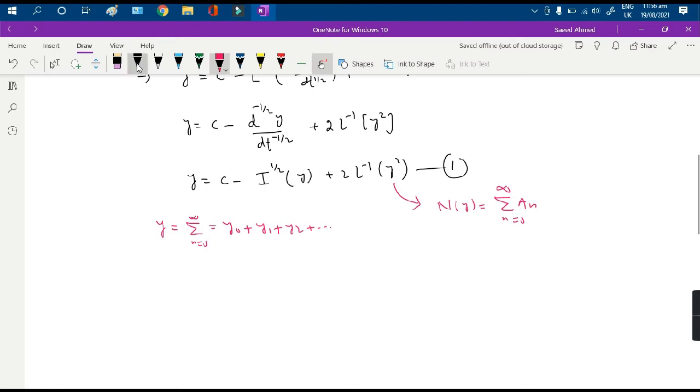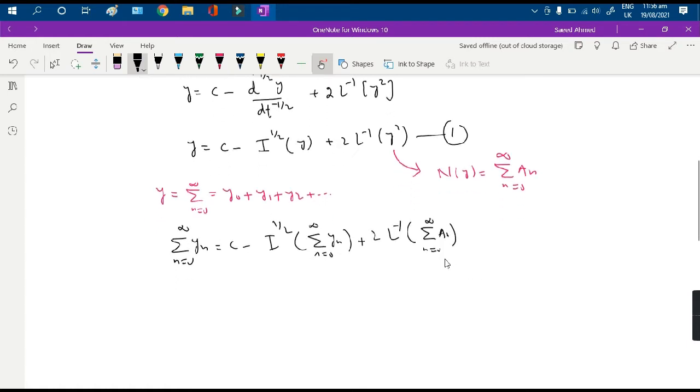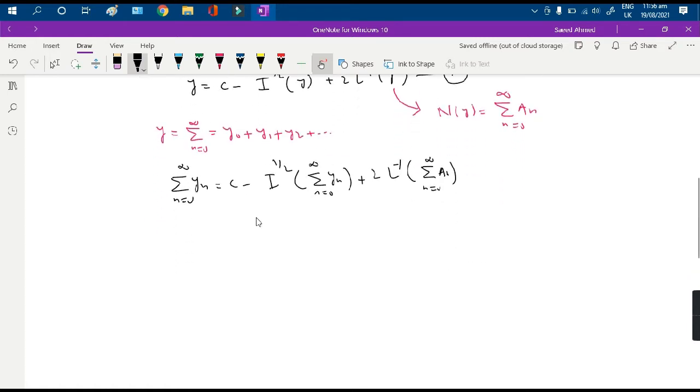Plugging these values back into the equation, since y is this series, I get the summation from n=0 to infinity of y_n equals c minus the integral operator of order 1/2 of y, which is the summation from n=0 to infinity of y_n, plus 2 times L inverse of, since it's y², the series from n=0 to infinity of A_n.